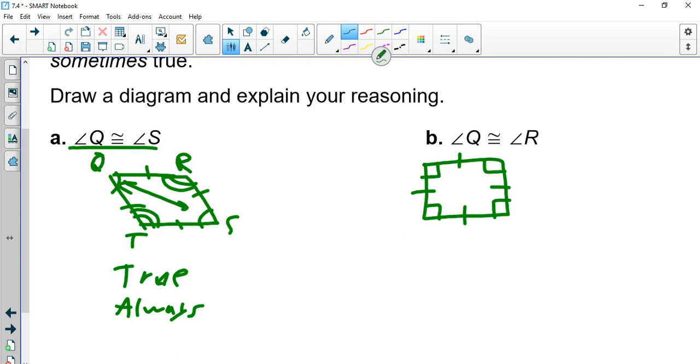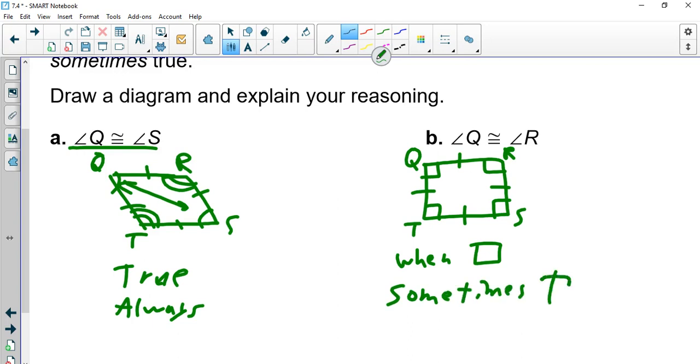Because it's a rhombus, all equal sides, Q and R are both 90 degrees. So when it's a square, then it's going to be sometimes true. But it's only in that certain circumstance when it's a square, not just a regular rhombus.